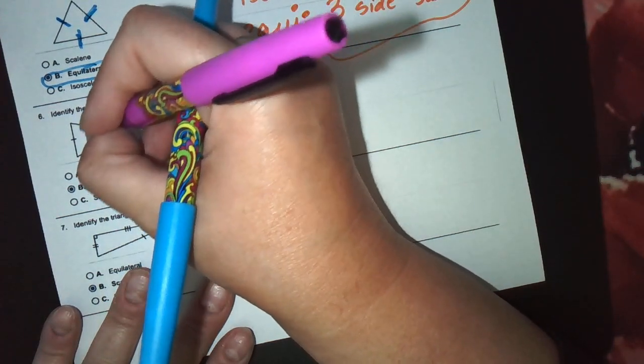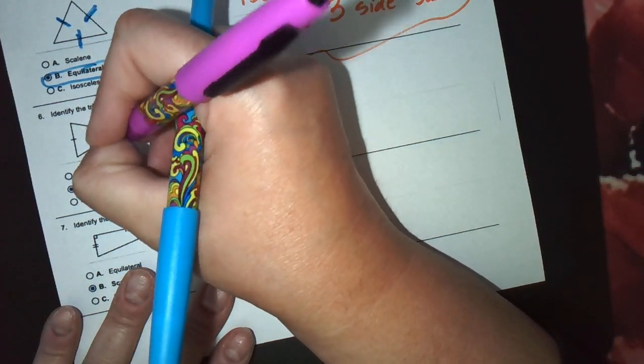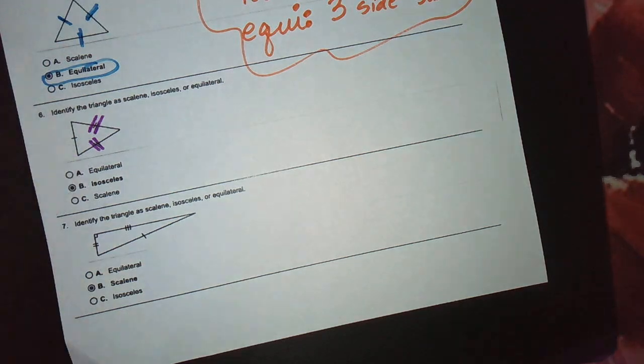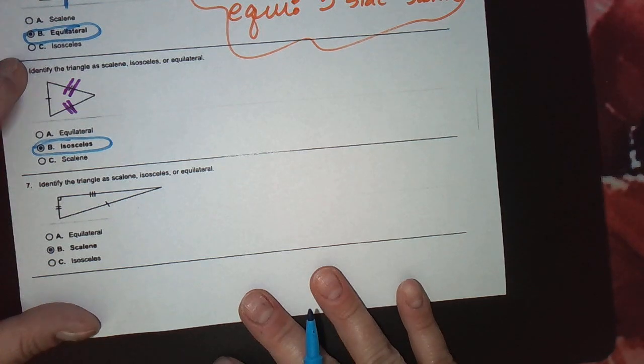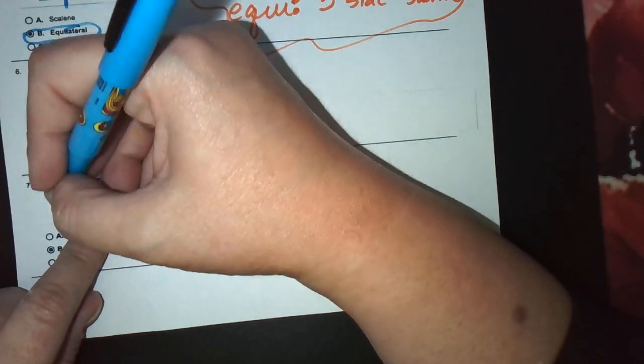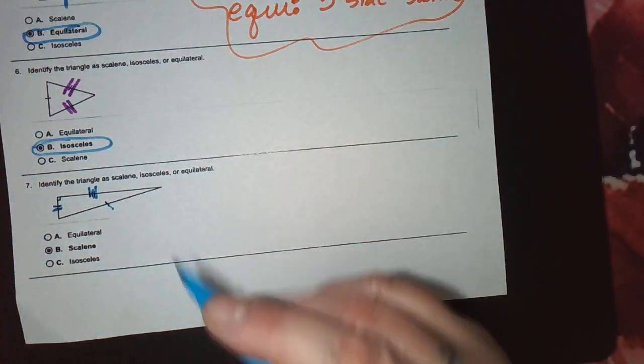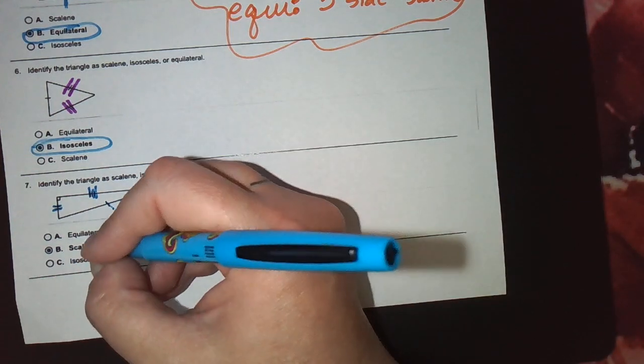These with the double tick marks are the same, and those are two sides the same, so that means isosceles. The last one, if you look, the hypotenuse has one tick mark, then there's two tick marks on another side and three on another. That means all three are different. So scalene.